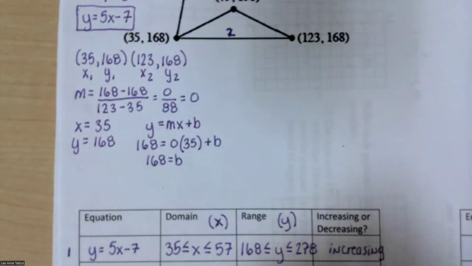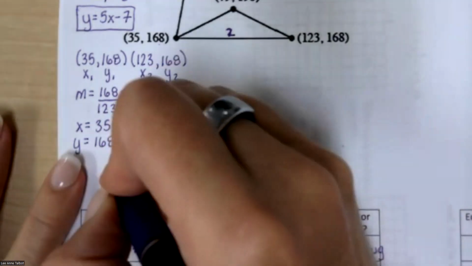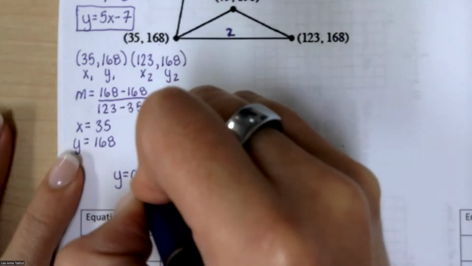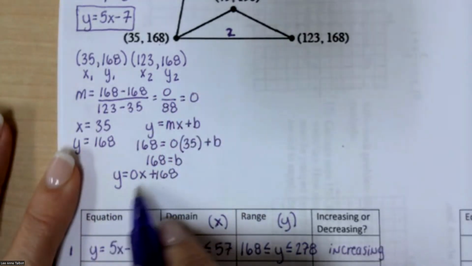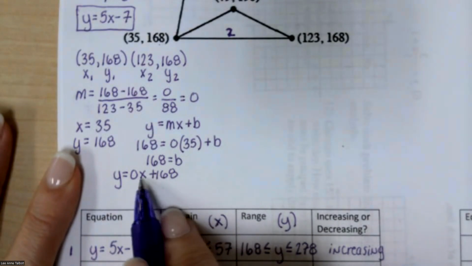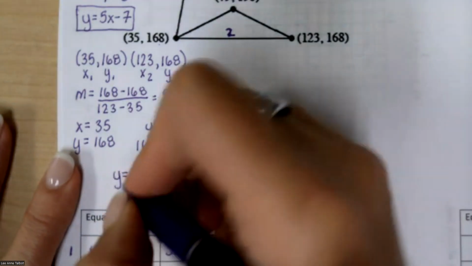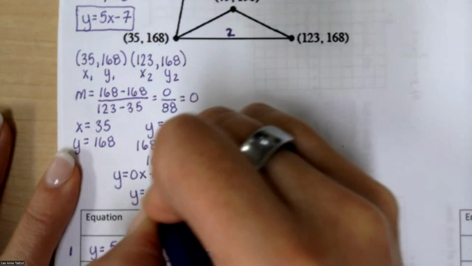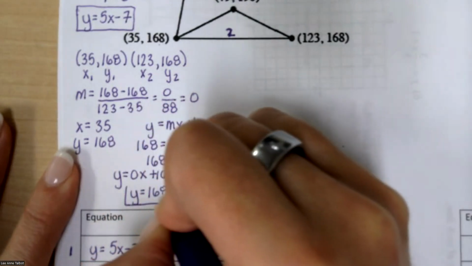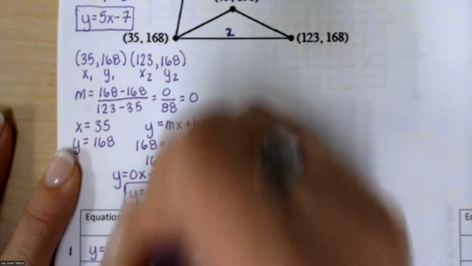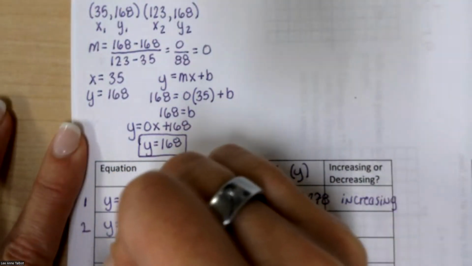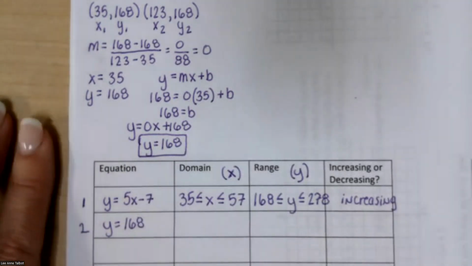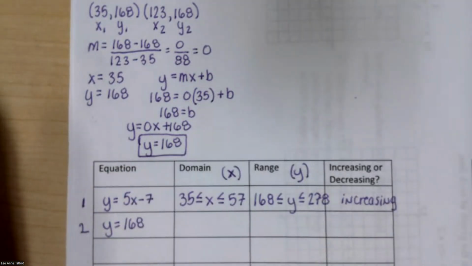Okay, now you guys were asking about this the other day. So y equals 0x plus 168, but we don't write this part. Y equals 168 is the final answer because 0 times anything is 0 and it goes away. Okay, now, hold on.